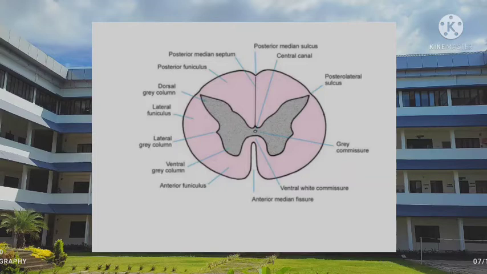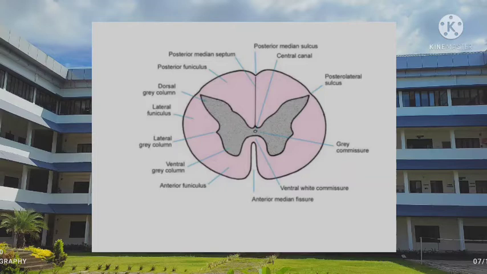The white matter of the spinal cord is divided into right and left halves in front by a deep anterior median fissure and behind by the posterior median septum. In each half of the cord, the white matter medial to the dorsal gray column forms the posterior funiculus or posterior white column.